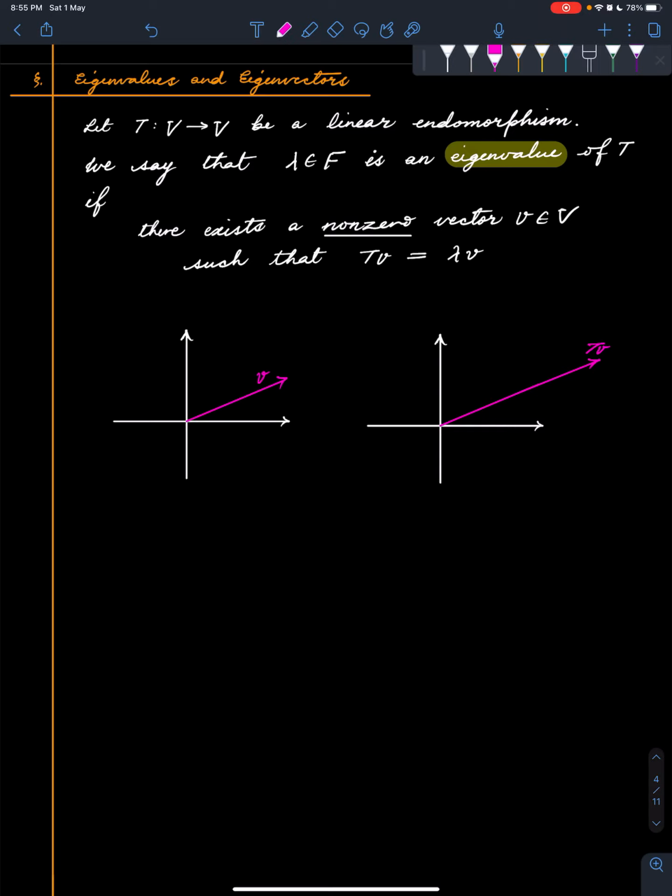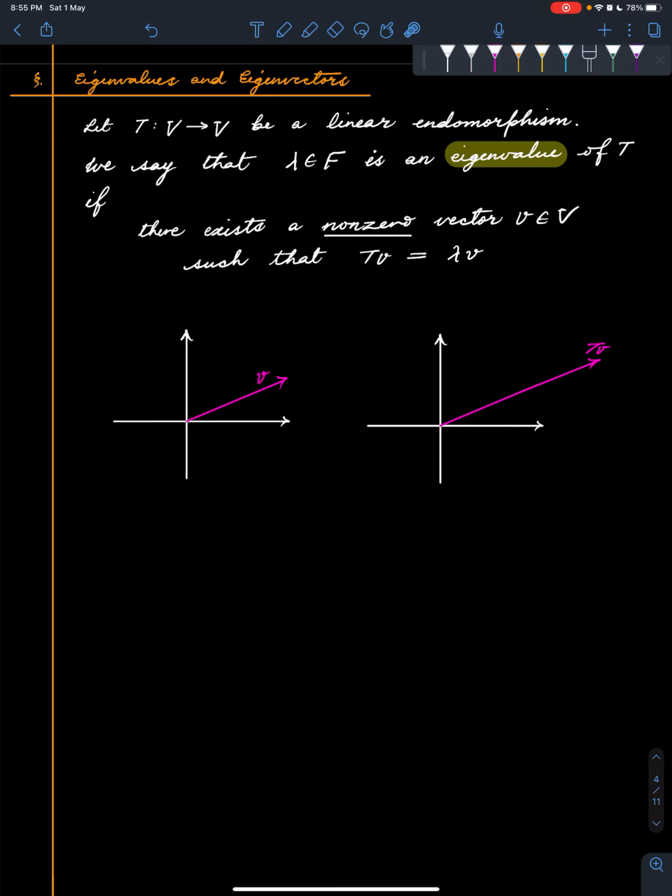So then this scaling factor that we obtain, which could be 1, it could also be 0, that is what we call an eigenvalue. So it has to do with the invariance of one-dimensional subspaces.